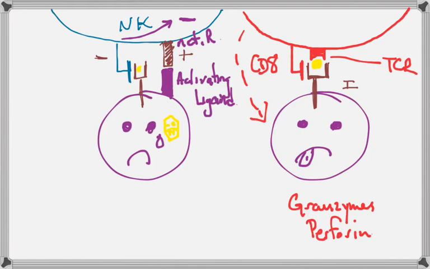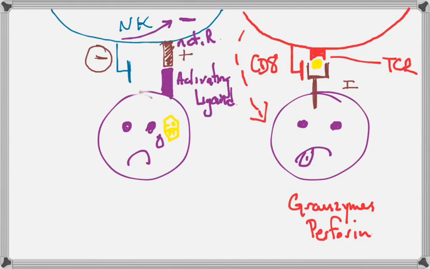So again, if MHC1 is present, the NK cell does nothing. Nothing at all. If MHC1 is gone, though, that inhibitory interaction between this inhibitory receptor on the NK cell and MHC1, that interaction no longer exists.